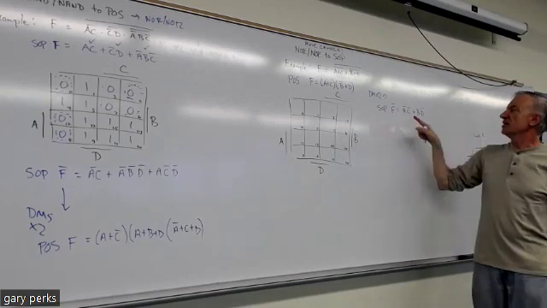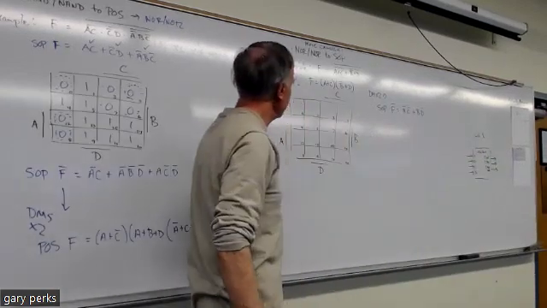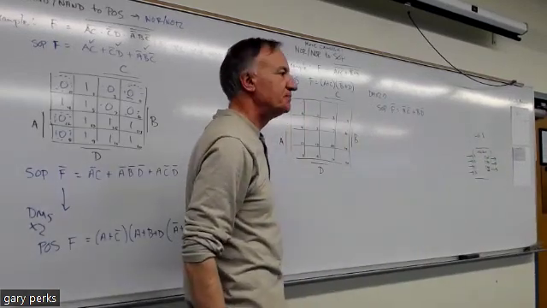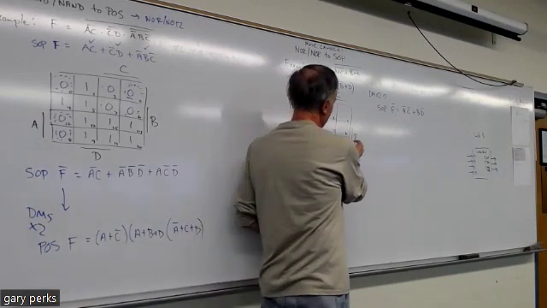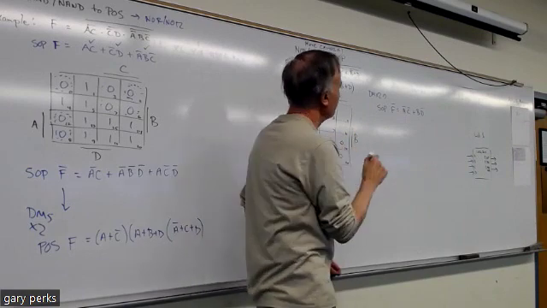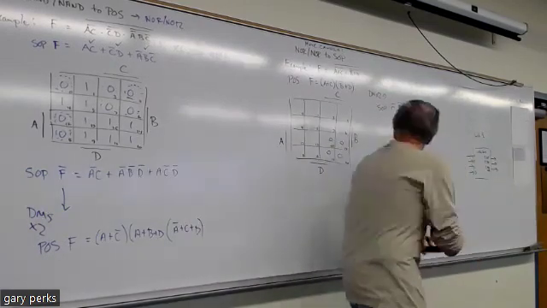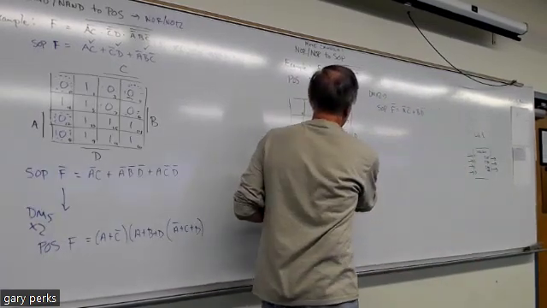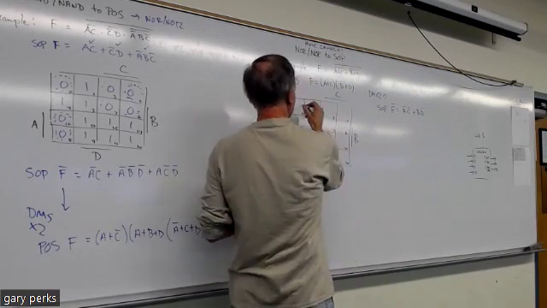0. Okay, so where are the zeros going to go for this term? Not A, not C. Which one? So up here, 0, 1, 4, 5, you said?